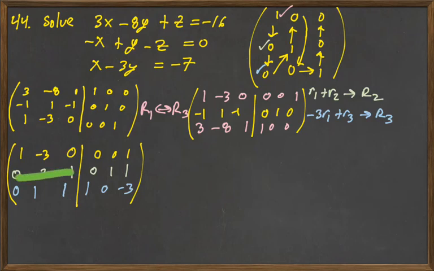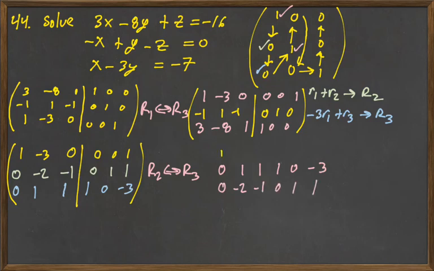I can divide the middle row by negative 2, but then I'd have some fractions. Or we can do a row swap. So we're going to go ahead and do a row swap here. So we're going to swap rows 2 and 3 to get the desired 1. Okay, so perform our row swap. So switch rows 2 and 3.